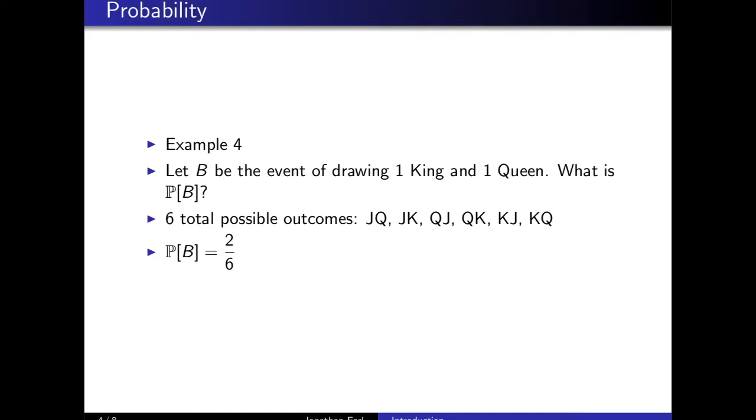So here what we'd see is that there are still 2 outcomes that result in us having drawn a king and a queen. So we draw the queen first, then the king, or we draw the king first, then the queen. There are 6 possible outcomes in our sample space: jack queen, jack king, queen jack, queen king, king jack, and king queen. So the probability of B occurring is 2 out of 6.